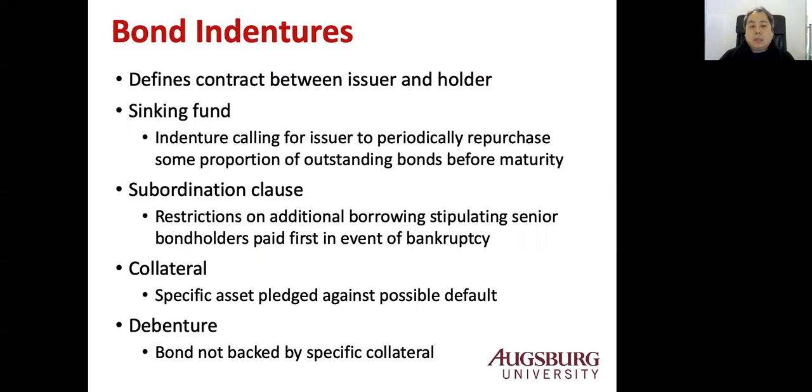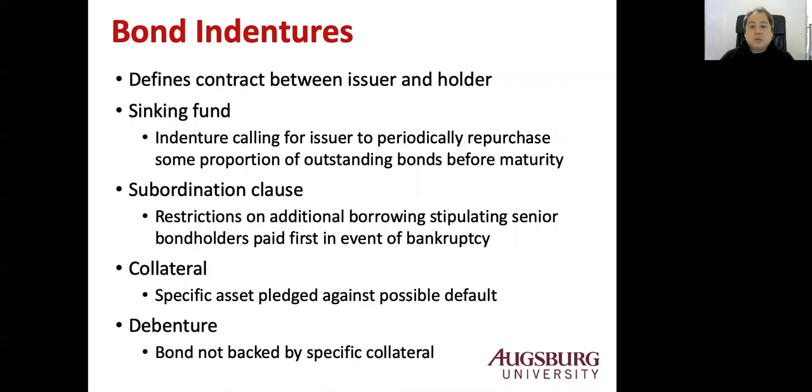In bonds, there is an indenture that includes the provisions of the bonds. They are usually restrictions on the issuers, because the bond investor wants to at least keep the risk level the same. They do not want the risk level of the company to increase.